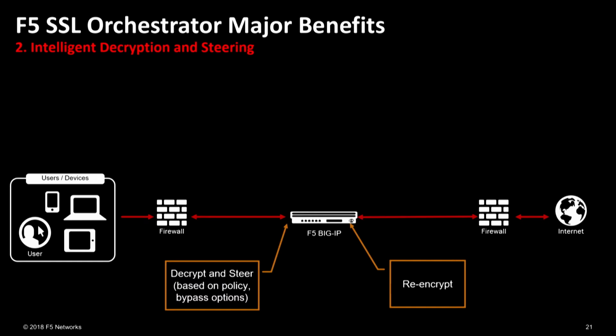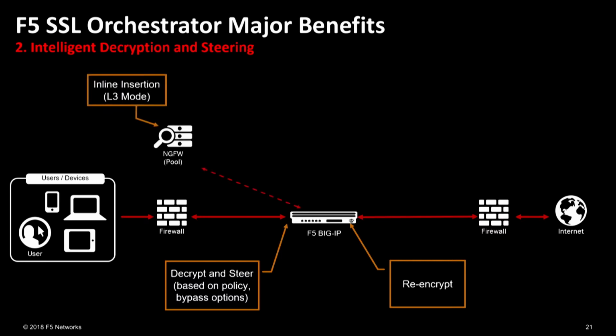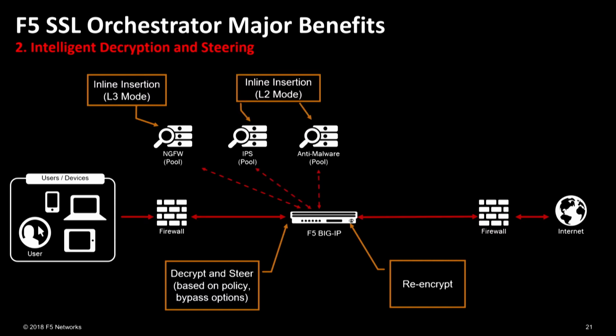As I told you, we will not decrypt, re-encrypt, decrypt, re-encrypt. We will only decrypt the traffic once, and we are able to steer this traffic, this time unencrypted, to your next generation firewall, working in L3 mode. We can steer this traffic to L2 mode devices. For example, FireEye works as a typical bridge. We are able to steer this traffic to your ICAP devices.